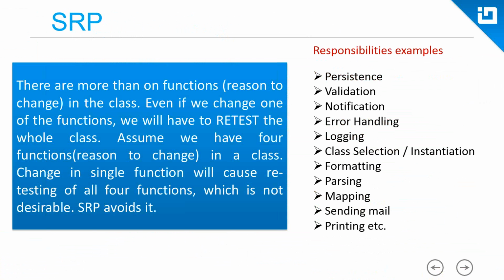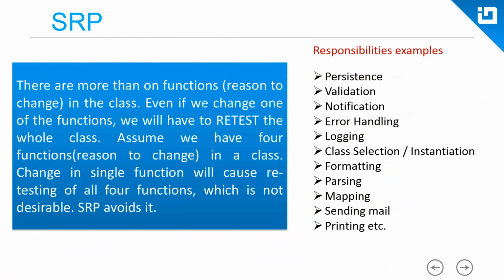Another classical example of SRP violation is a class which is performing some task and at the same time logging the operation as well. So you have two tasks being done by the class: one, let us say, to calculate salary, and another to log the functionality. Here you are violating the SRP.